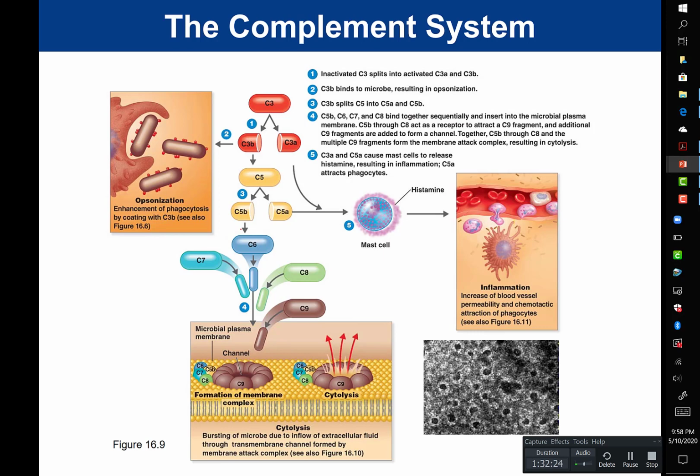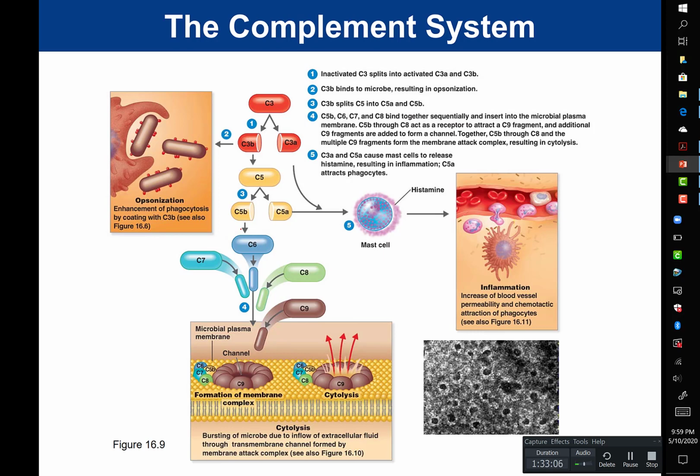What you want to take from this slide is what is the outcome of complement activation? What does complement activation stimulate within the immune response? One of the outcomes is something called opsonization. An activated complement protein is going to attach to the surface of the microbe, and when it attaches, it helps enhance phagocytosis.